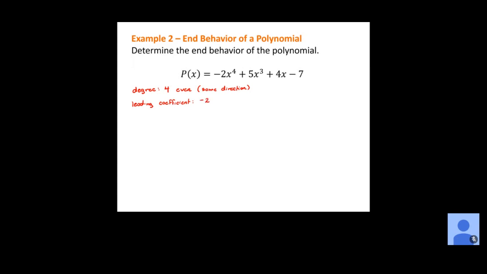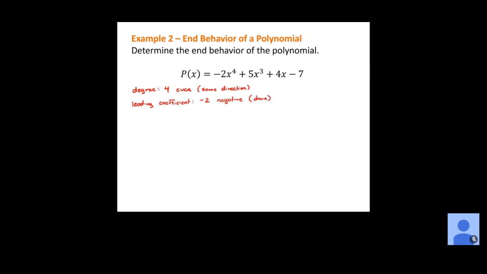Now, in this case, all we care about is whether that's a positive value or a negative value. So what do we have this time? Good. This time it's a negative. And so what does that tell us about both ends of this polynomial then? They're going down, right? So towards negative infinity.